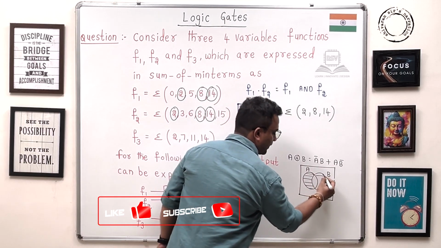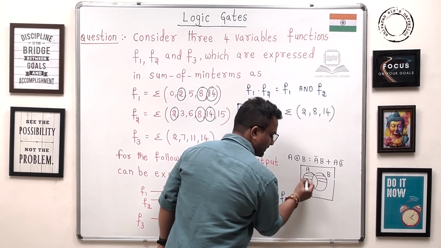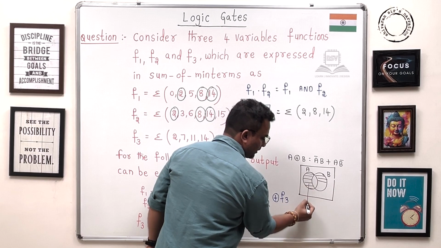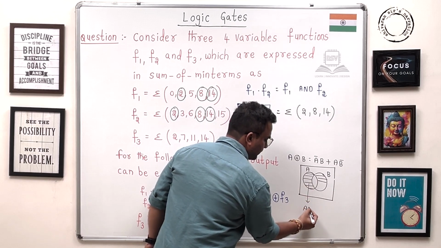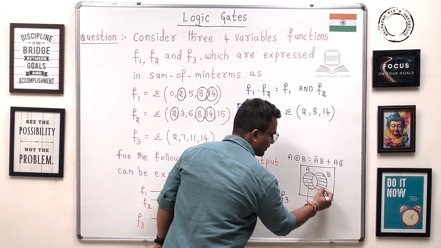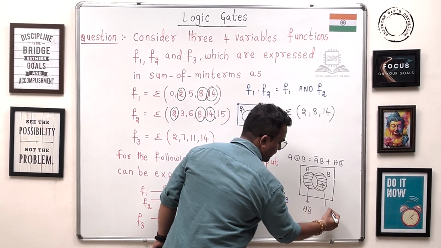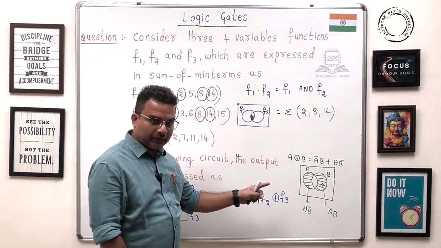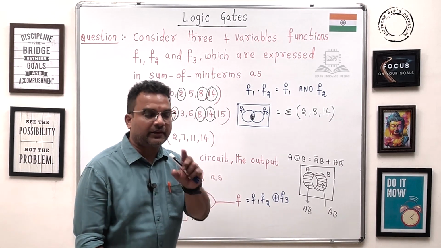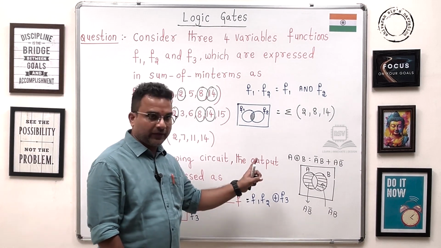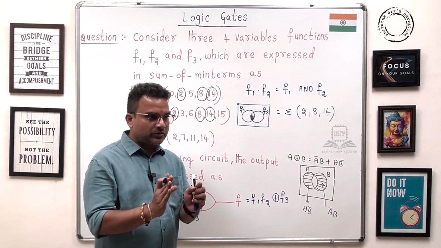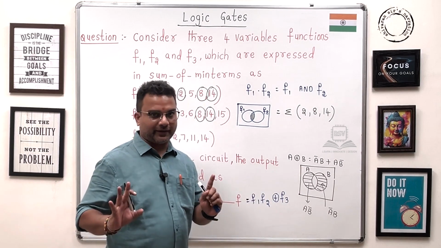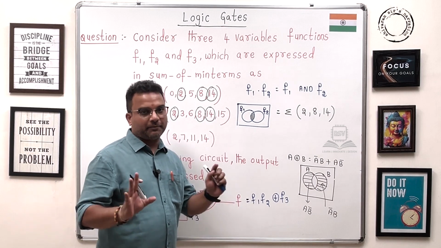Similarly, A B bar is this one, and A bar B is this one, guys. So from this Venn diagram, what you can analyze is, XOR operation means you need to separate the common terms and take the remaining terms. That is what the XOR operation is.